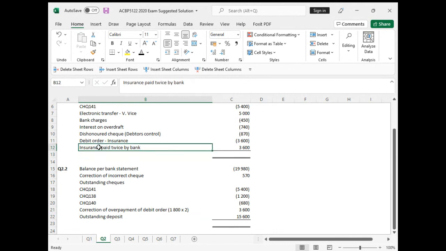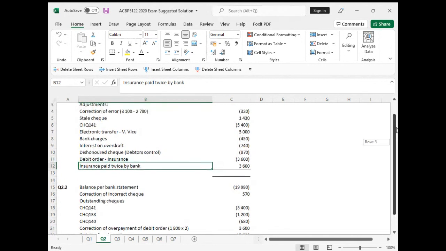So in our cash book payments, we would also have to correct it to reflect the correct amount. So we would also add back the 3,600 on the cash book payments. No, cash book receipts, because it would have corrected the cash book payments. So we will show it there as well because it was a debit order. If it was a check, then we would only have reflected it on the one side.